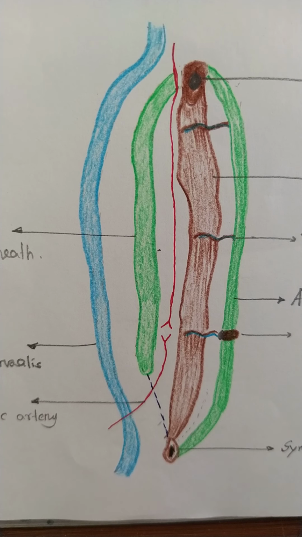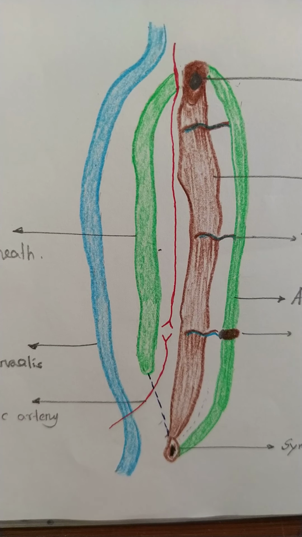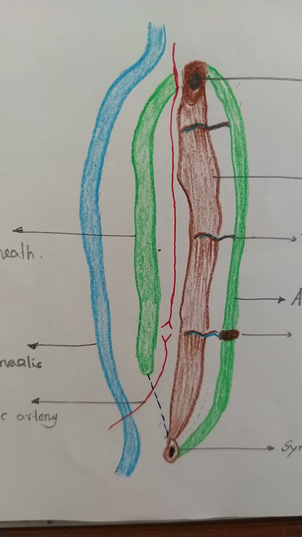Superficial means it lies external to the abdominal wall. That means the superficial epigastric artery is present in the fascia of Camper, that is subcutaneous tissue. So it can be visible from outside.